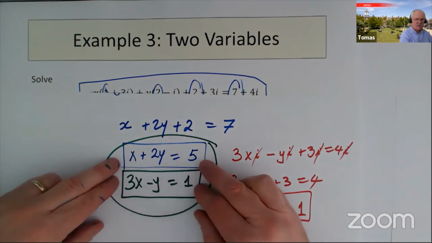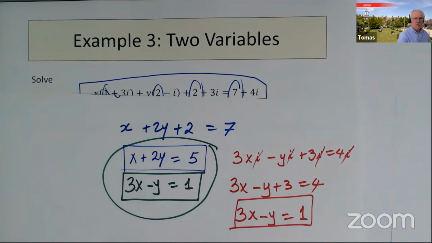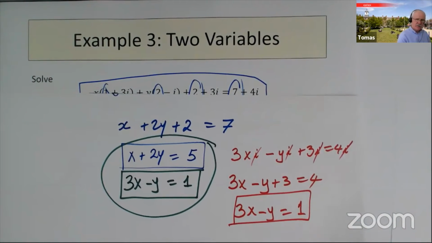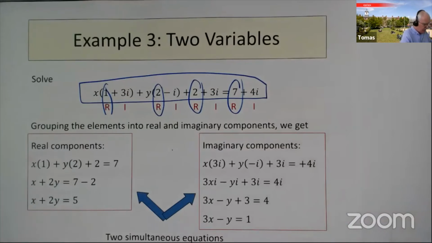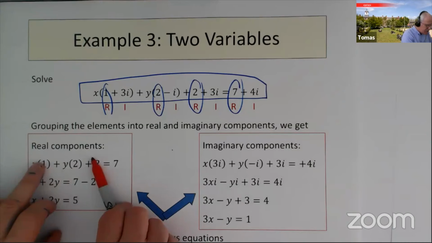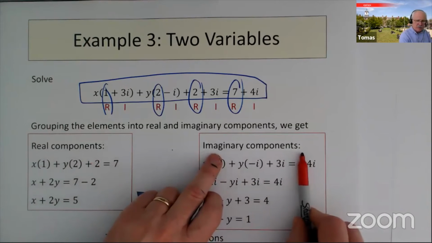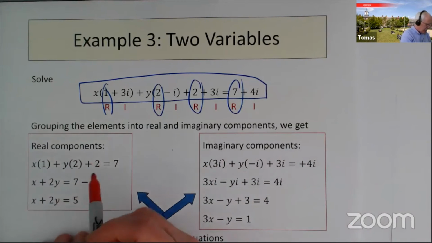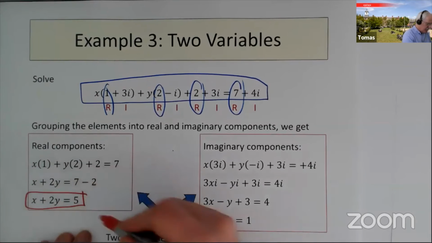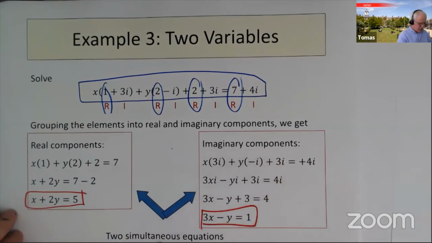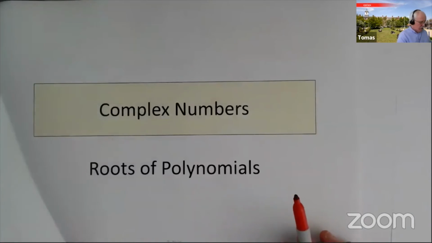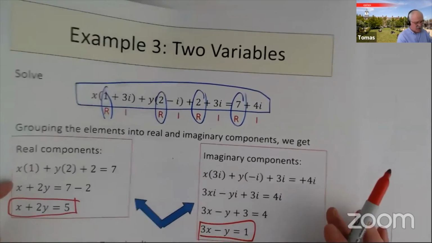This is just the solution of 2 equations. So effectively what we've done is, looking at this slide here, we brought all the real bits together and all the imaginary bits together. We grouped them all together and we ended up with 3x minus y is 1, x plus 2y is 5. 2 simultaneous equations. How do we solve those? In the standard way in algebra.